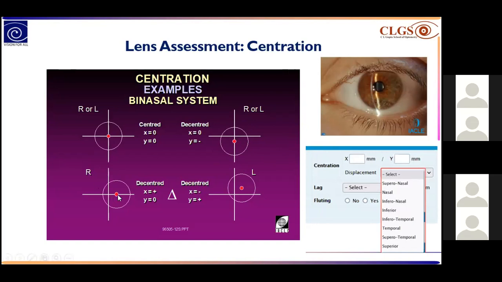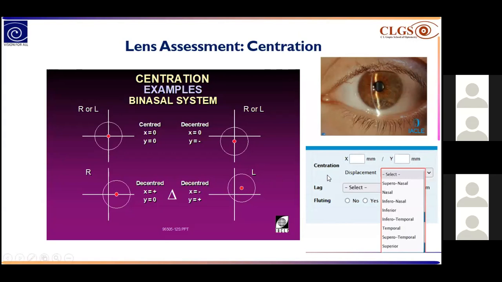In the next example, you can see for the right eye the lens has decentered nasally, and for the left eye supratemporally. So for the right eye documentation, in the x-axis it's nasal, which means plus and the amount of decentration in the x-axis, and for the y-axis we give zero, meaning zero amount of decentration.